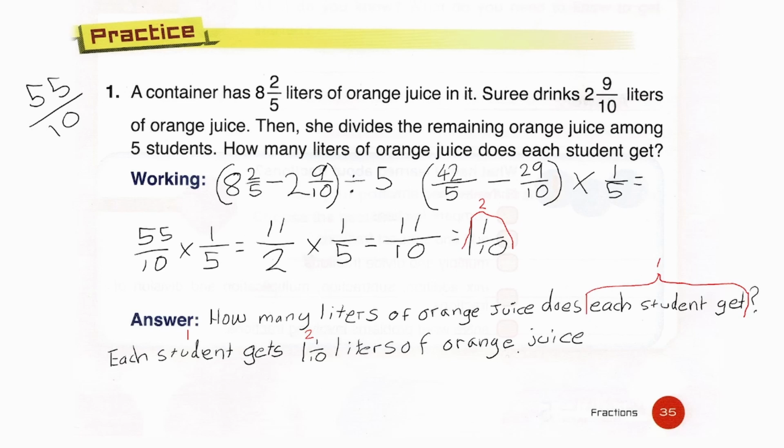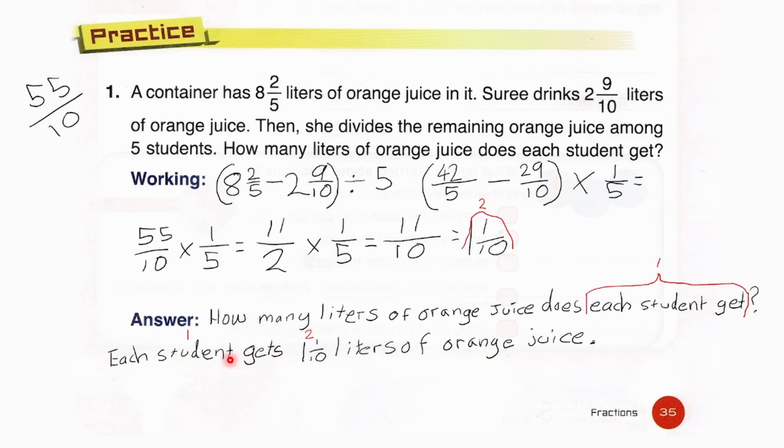Okay, and there we go. That's the answer. So our answer is each student gets 1 and 1/10 of a litre of orange juice.